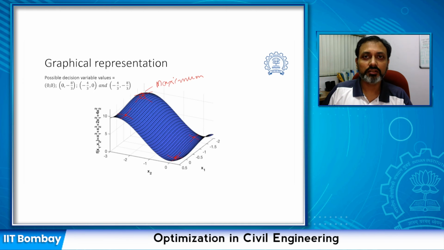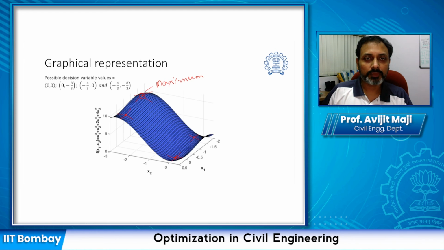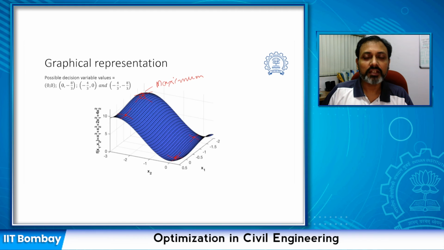So in today's lecture, we discussed the unconstrained multivariable optimization problem and the classical method of solving it. In the process, we also saw how we can use the first order partial derivative of the objective function to come up with the necessary conditions, which yielded the potential points where we may obtain the optimum solution.